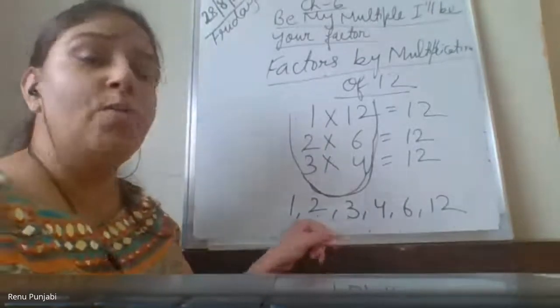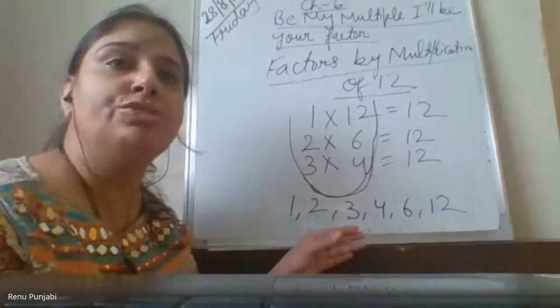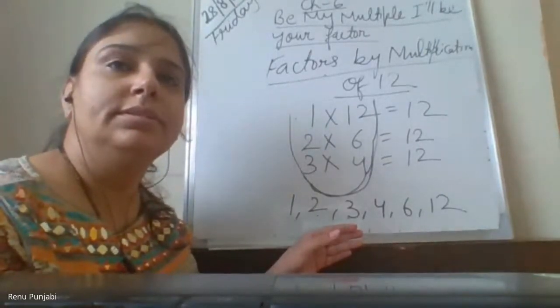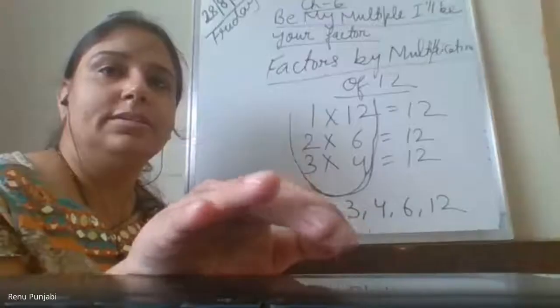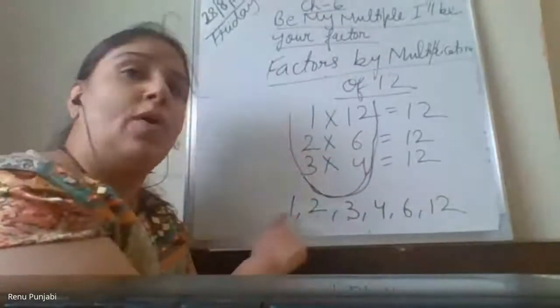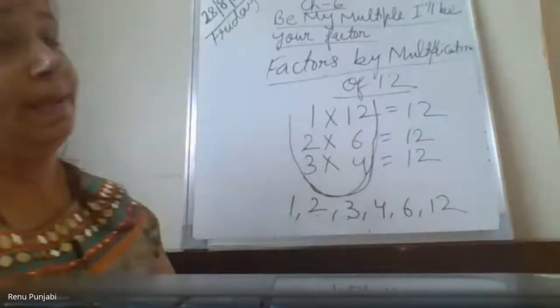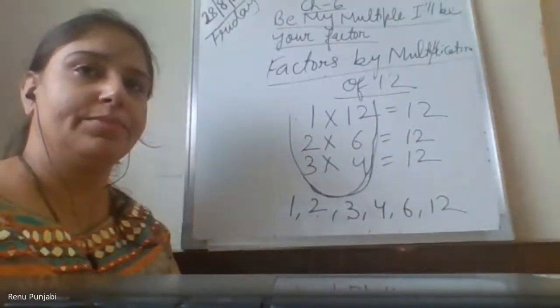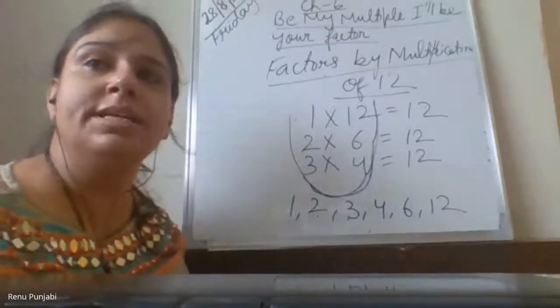So now, what have you noticed here? Arush Verma, Nishika Agarwal. Arush Verma, can you tell me what you have noticed here in the factors of 12? Who will tell me?